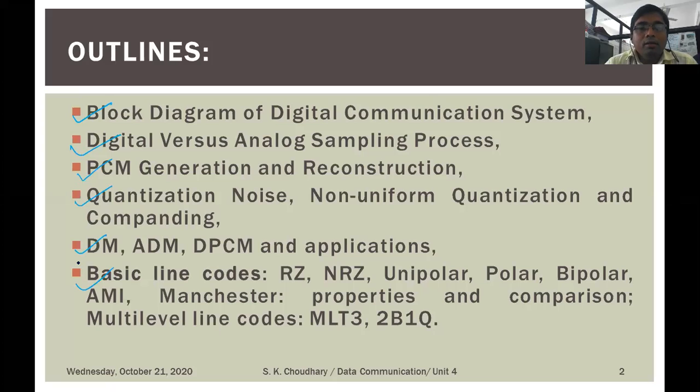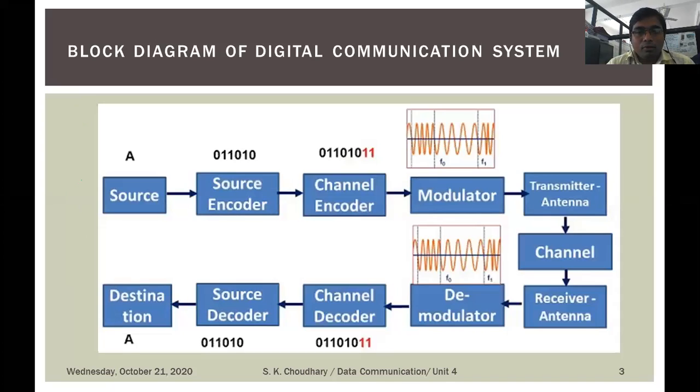So start with the topic block diagram of digital communication system. Everyone note down this diagram, that is a block diagram of digital communication system that I have taken. You can see here the important elements of this digital communication system. This is the source where the information would be generated.